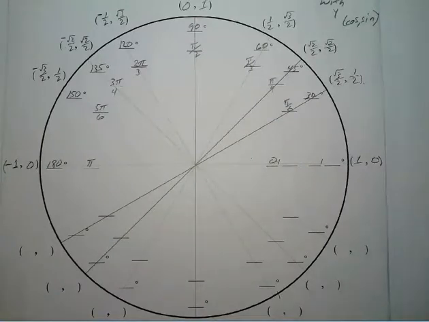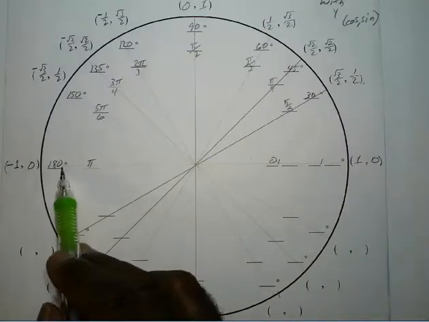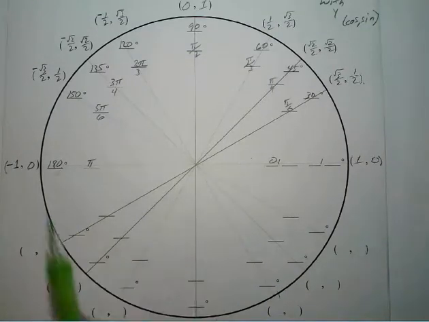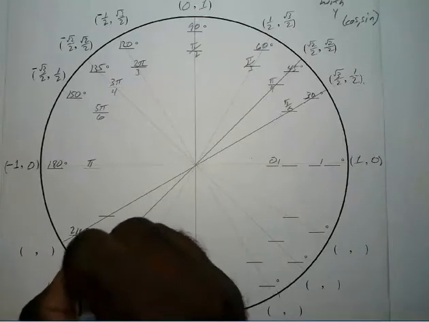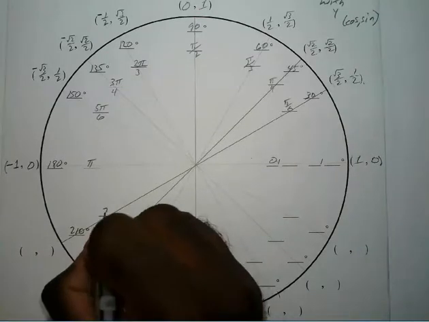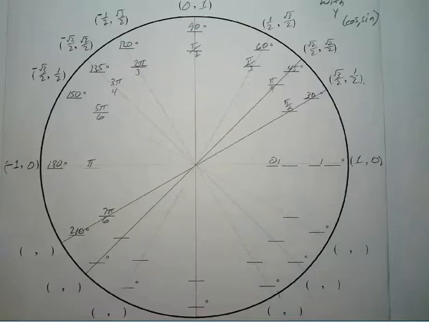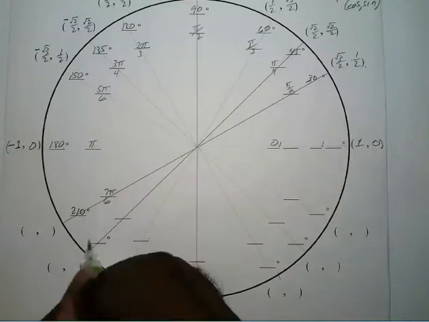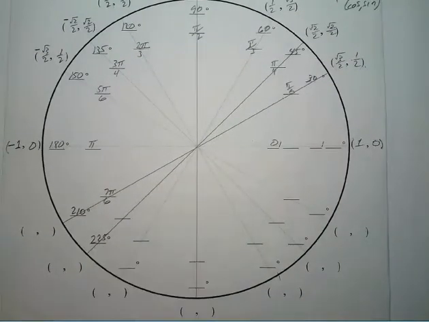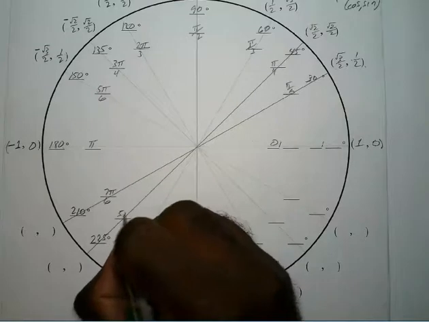Alright, so now let's go on over to quadrant 3. Okay, we go from 180 degrees, 30 more, that leaves us with 210 degrees, or 7 pi over 6. We have 225 degrees, or 5 pi over 4.